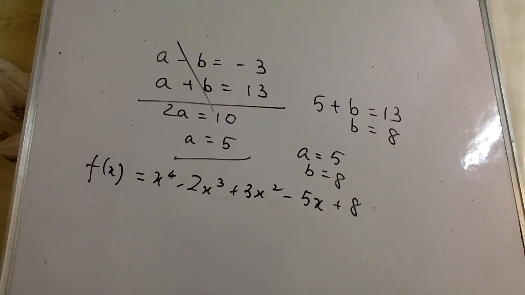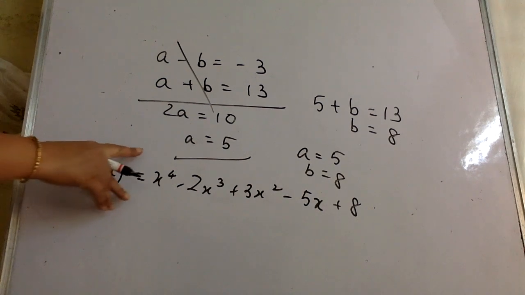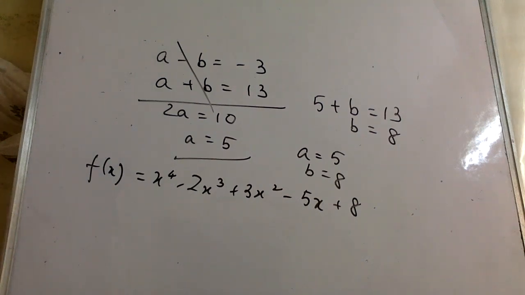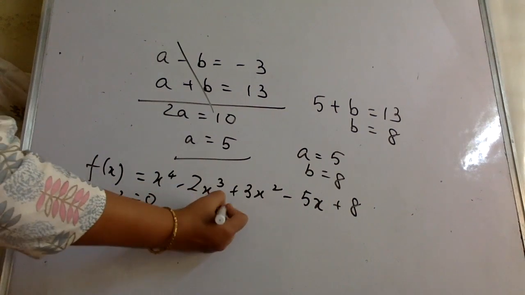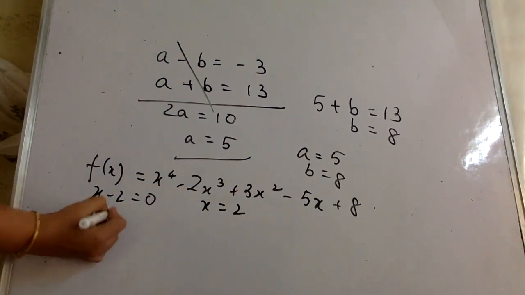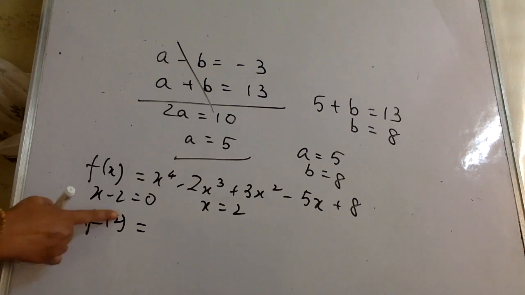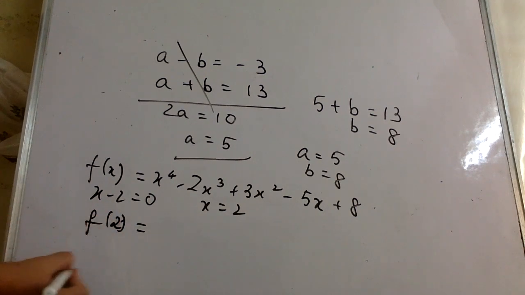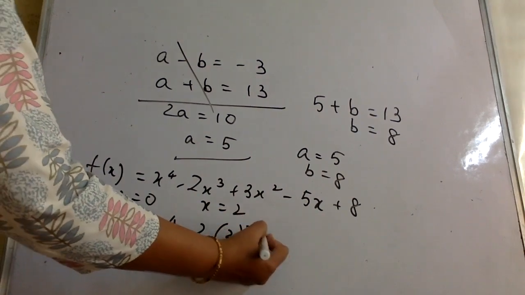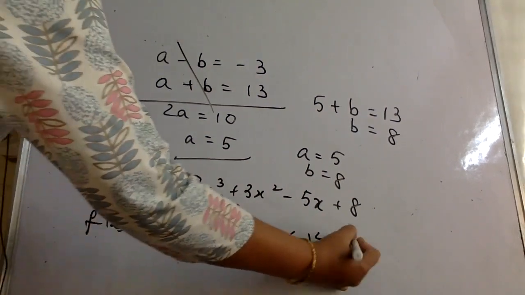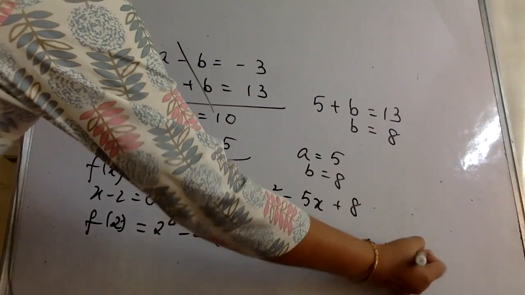Now this f(x) is being divided by the given expression x minus 2. So x minus 2 is equal to 0, x is equal to 2. So all I have to do is find f(2), which is going to give me the value of the remainder. So 2 to the power 4 minus 2 times 2 cube plus 3 times 2 square minus 5 into 2 plus 8.